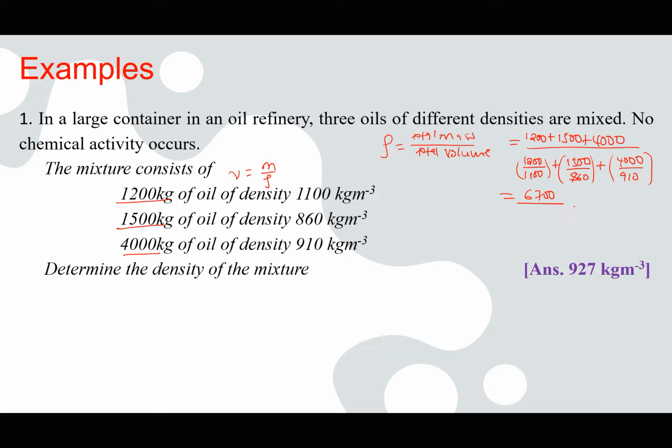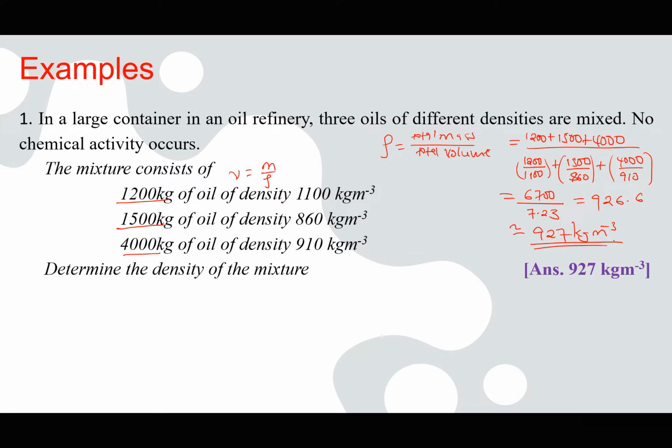So this is 7.23. That is the total volume. So I'll just divide 6,700 by the answer. This gives me 926.6, which is approximately 927 kilograms per meter cubed, as required. So that's how we find the density of the mixture.